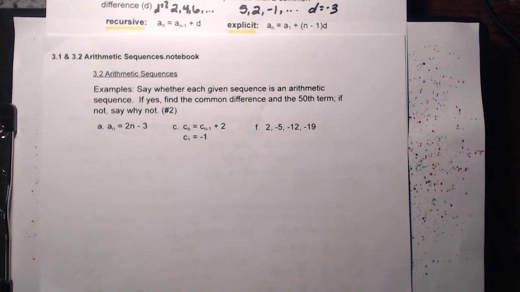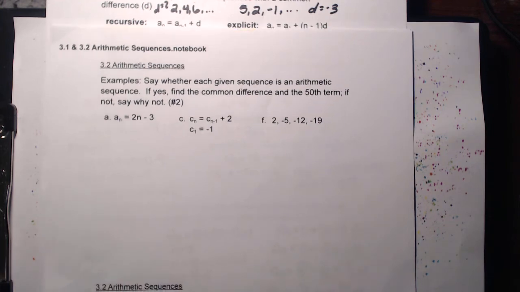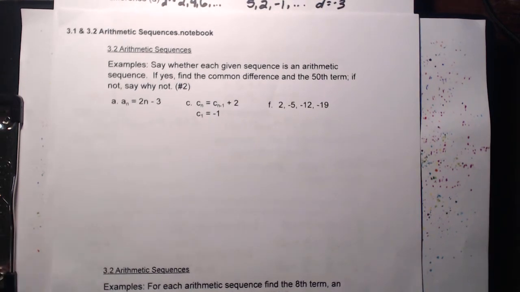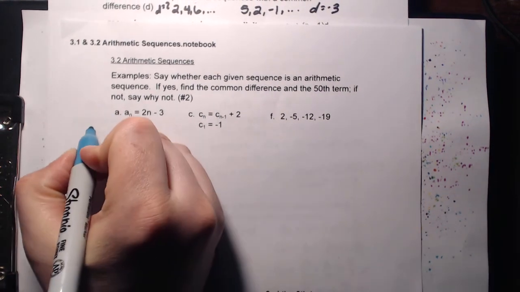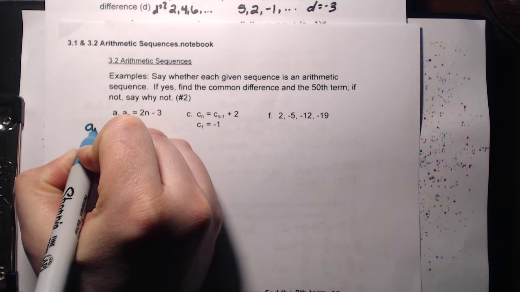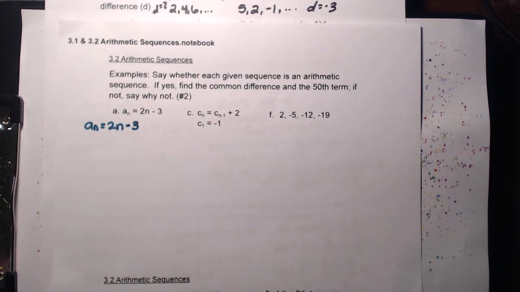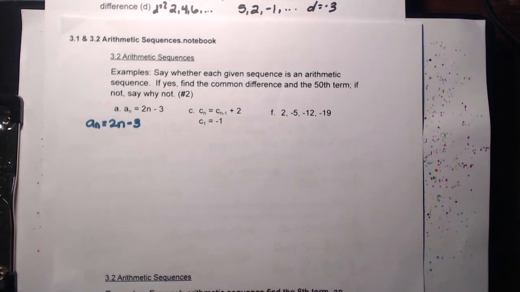So what I'm going to do is say, okay, I have this a subscript n, and then I am going to pretend like I have the next term.